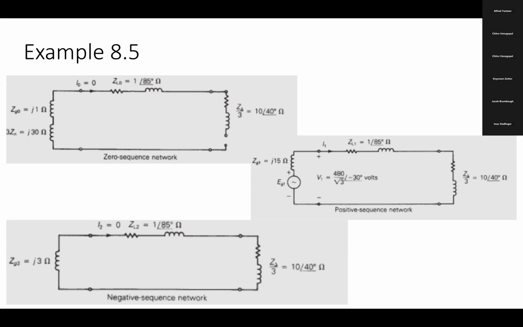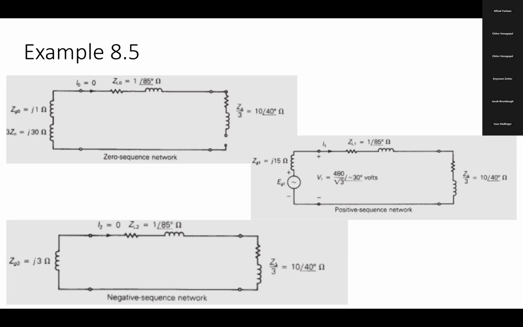Now you can solve the network. When you solve this network, you can say which current can be solved here. The positive sequence current can be solved because it contains the voltage source. All the three impedances are connected in series, so V divided by impedance gives you the current I1. For the negative and zero sequence, there is no current because there is no voltage source.